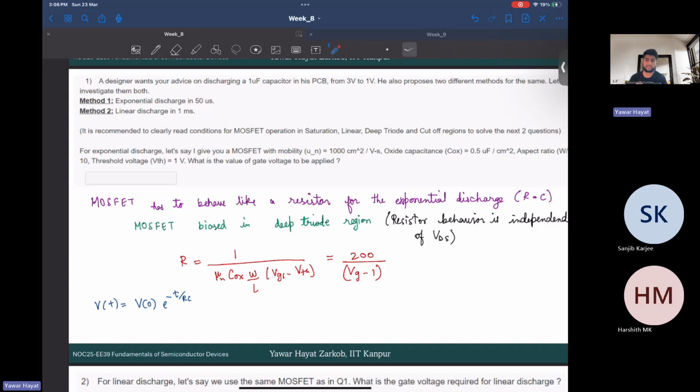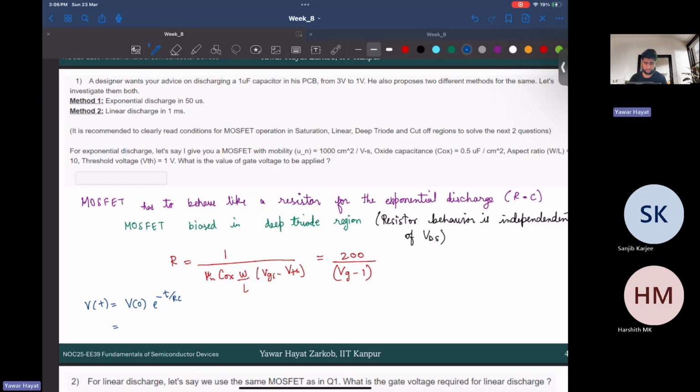It's given in the question that the designer wants to discharge this from 3 volt to 1 volt. So V of 0 would be 3, and V of t would be 1 volt. And for exponential discharge, this t is 50 microseconds.